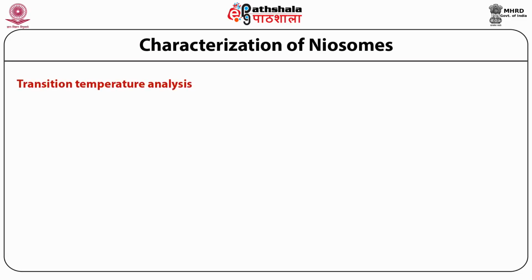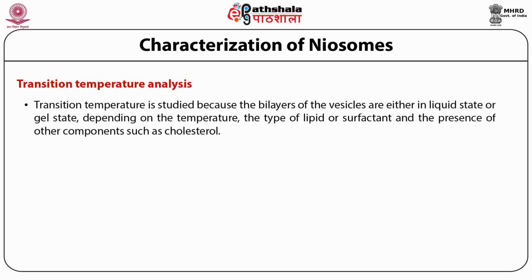Transition temperature analysis. Transition temperature is the temperature where we observe the transition in the neosomal structure. The transition temperature is studied because the bilayers of the vesicles are either in the liquid state or gel state, depending on the temperature, the type of lipid or surfactant, and the presence of other components such as cholesterol.